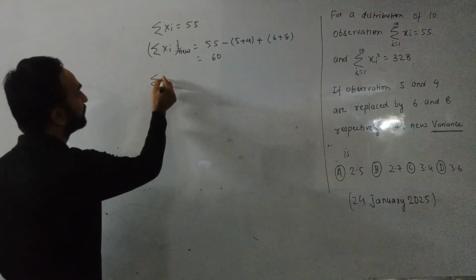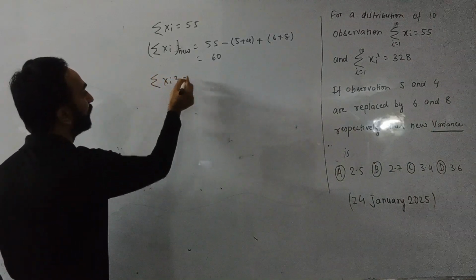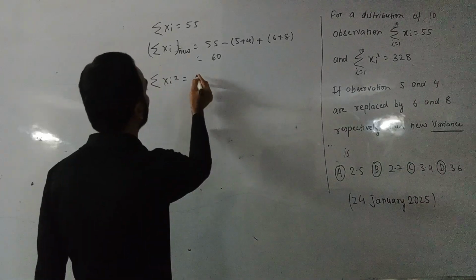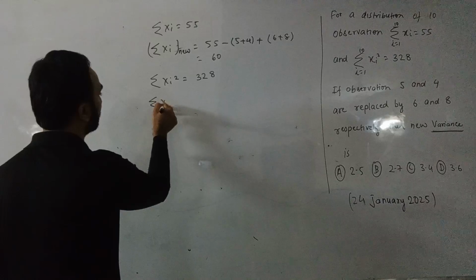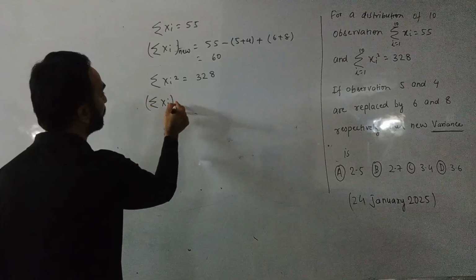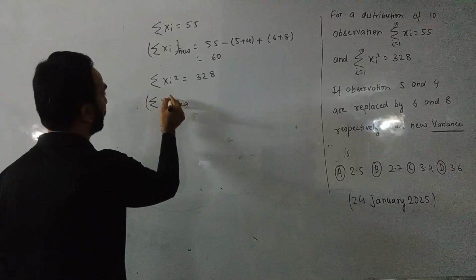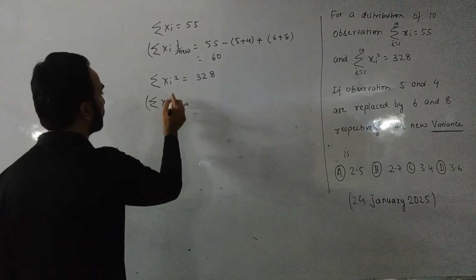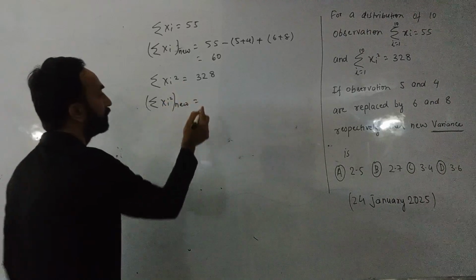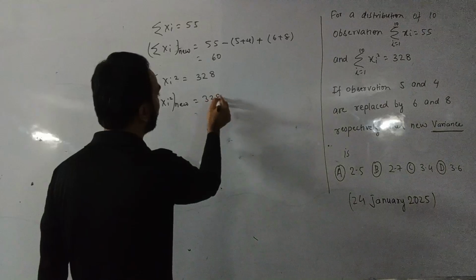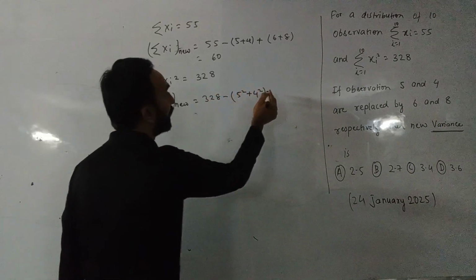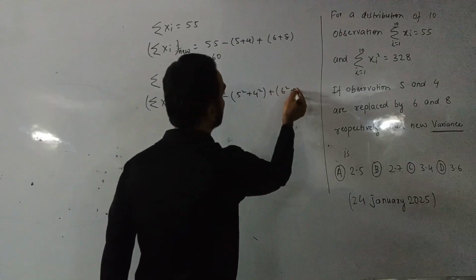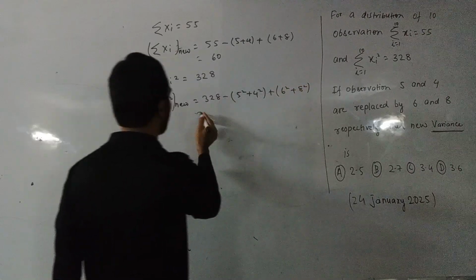Now the next thing that is given is summation of xi square is 328. Now the new summation of xi square, I am denoting it as new summation of xi square, correct? So this will be 328 minus the 5 square plus 4 square, and addition of 6 square plus 8 square.